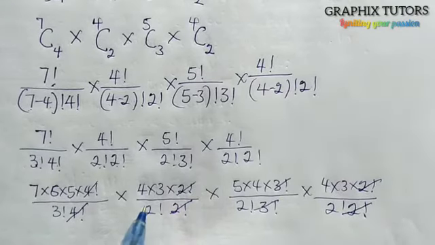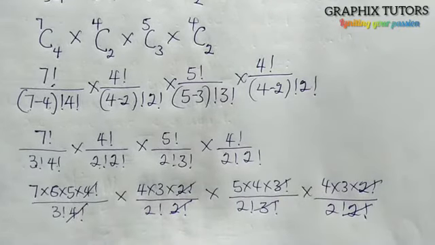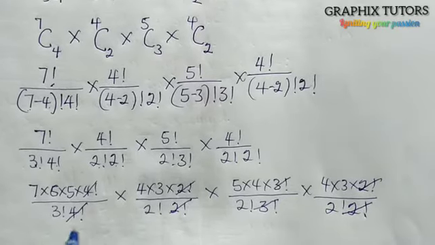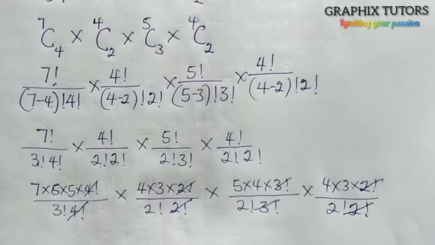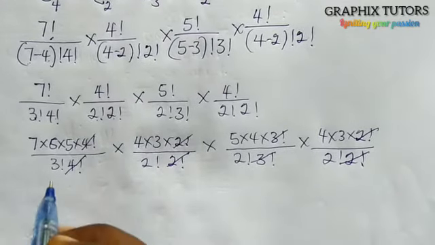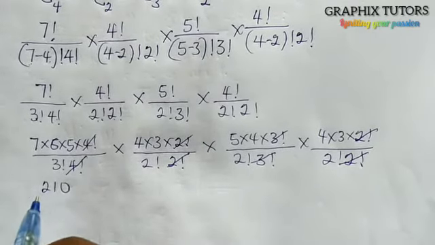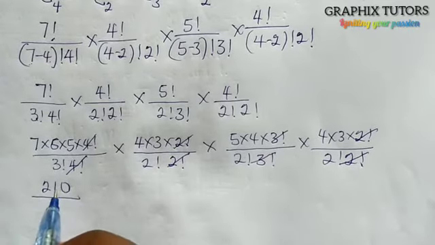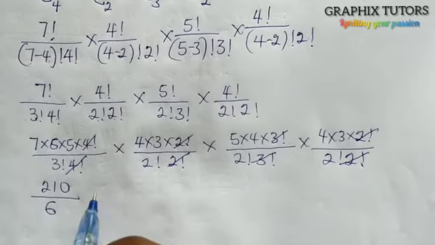So we'll be left with 5 times 6 is 30 times 7. So 30 times 7 will give us 210 divided by 6, right? So we'll say 210 all over 3 factorial, which means 3 times 2 times 1, and that will give us 6.